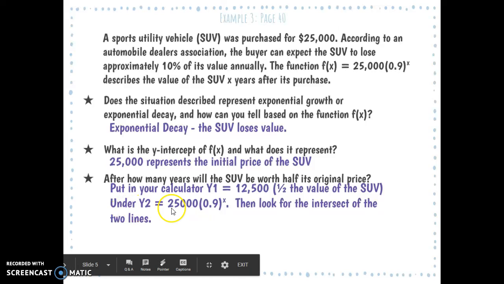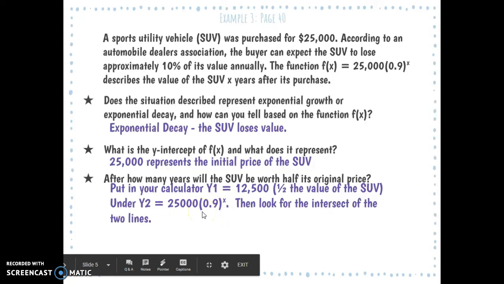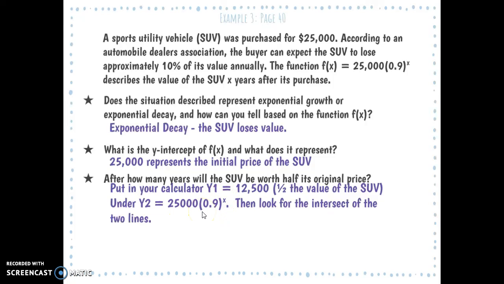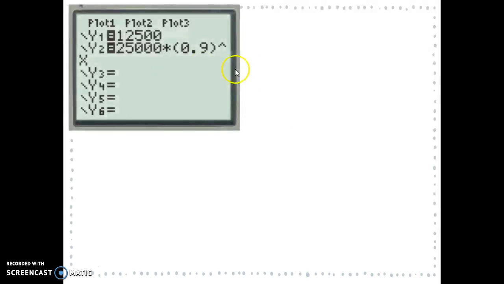And then under Y2, I want you to put 25,000 times 9/10 to the x power, which is our equation that represents the amount of money that the SUV is worth after X number of years. After you've graphed those 2 points, you're going to look for the intersect of the 2 lines. So in your calculator under Y1 and Y2, this is what your calculator's screen should look very similar to.